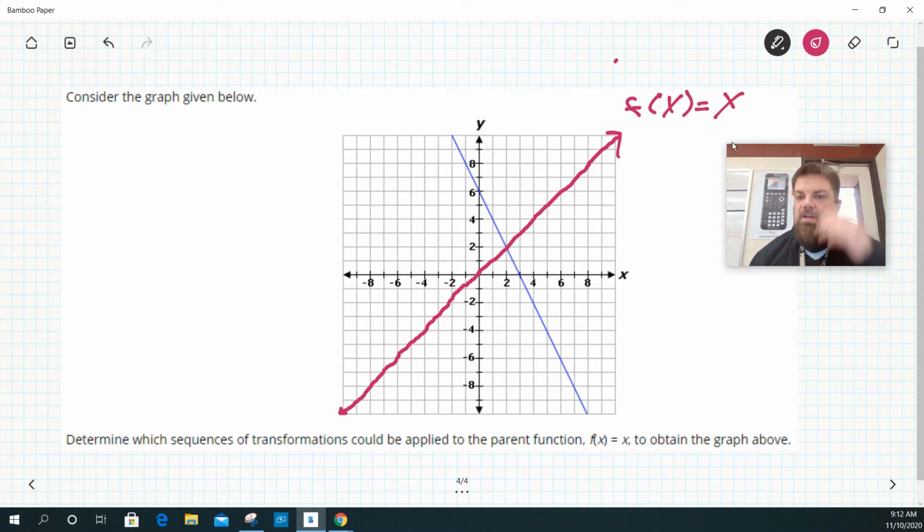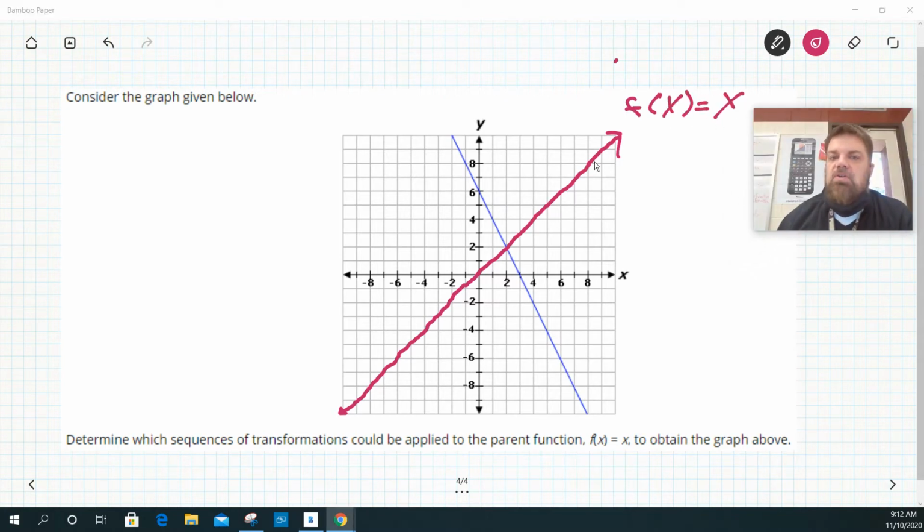equals x. All right. So now what did we do to that red line to make it look like the blue line? Well, the first thing we did is we could say we reflected. There's a couple of ways you could do it. One was you could say we reflected that over the x-axis.